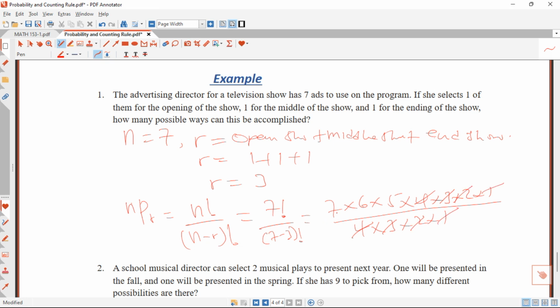We are left with 7 by 6 by 5, which gives us a final answer of 210. So our final answer is 210 ways. This is the total possibility for that television show.